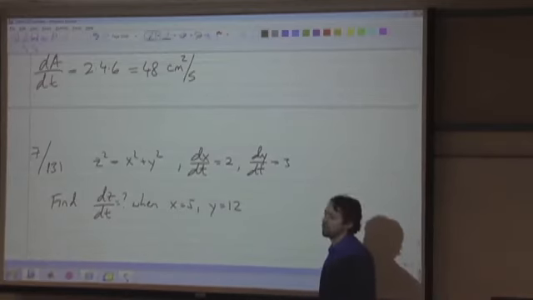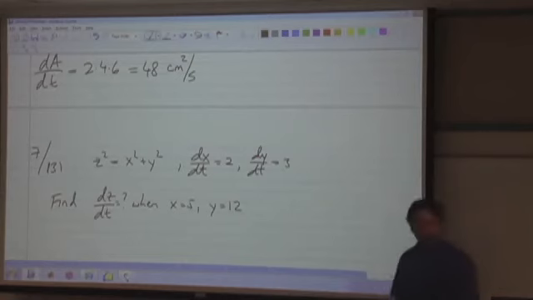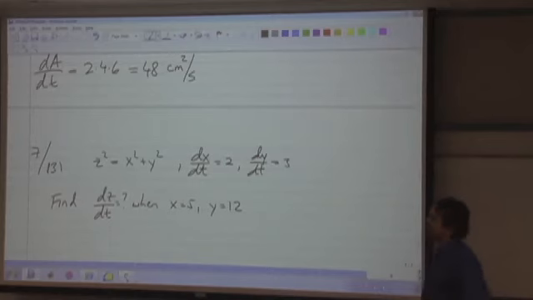Okay, take a derivative with respect to time. What do you get? 2z dz over dt. Okay, work it out. Tell me what dz over dt is.